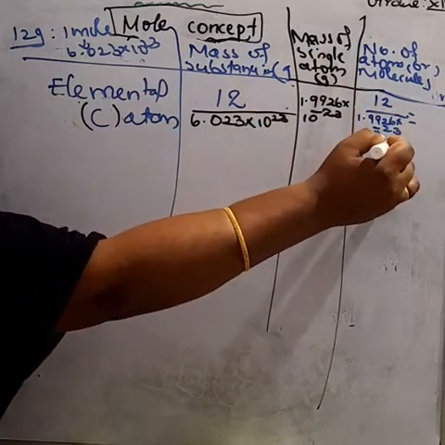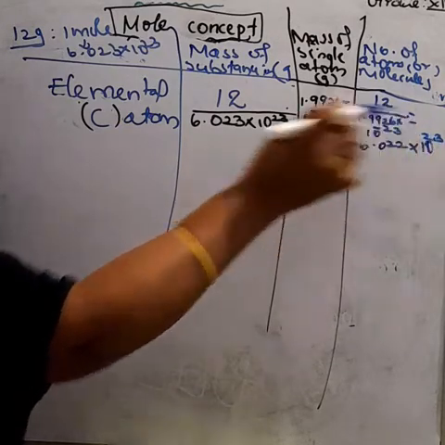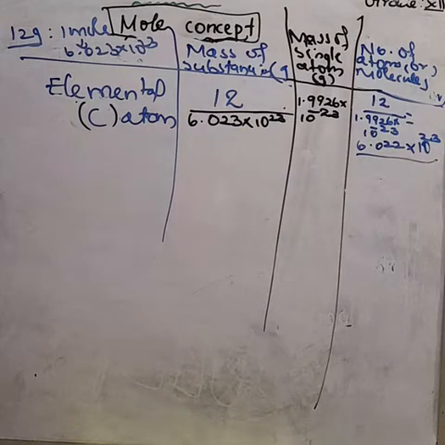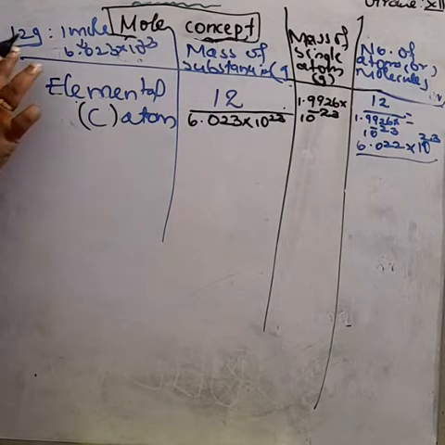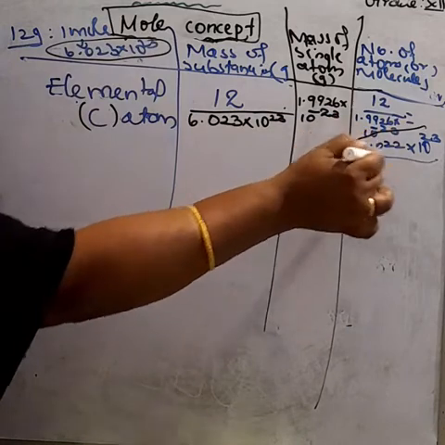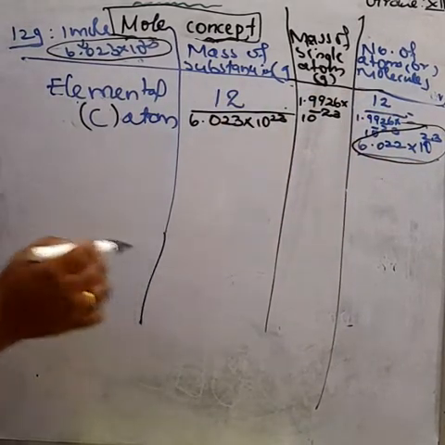So 12 gram of carbon atom contains 6.023 into 10 power 23 atoms. That 1 molar carbon, that is 12 gram of carbon, contains 6.023 into 10 power 23 atoms. Understood?